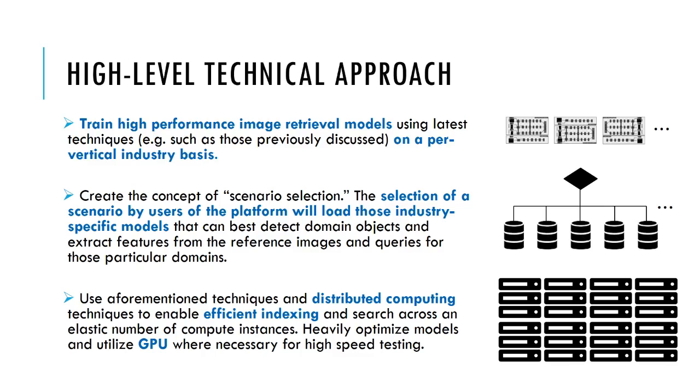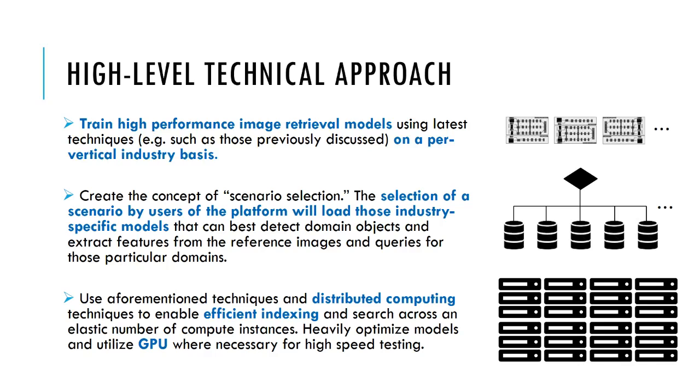What we do to deal with the performance issue is that we don't try to build one ultimate model. We actually deal in this way: we break it down by verticals. We train high-performance image retrieval models in the particular vertical.